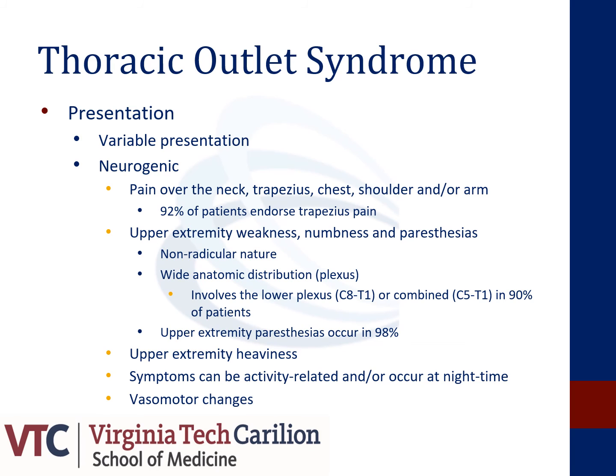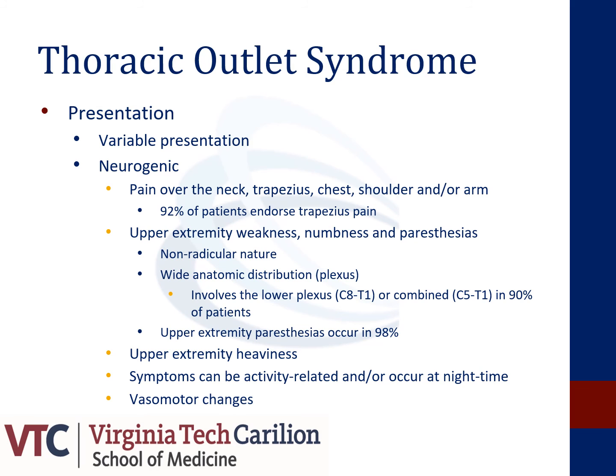For individuals having lower plexus involvement, their symptoms are more commonly in the area of the ulnar forearm and hand, while the upper plexus tends to radiate to the ipsilateral head, face, upper chest, periscapular region, or the radial nerve distribution of the dorsal index finger and thumb.